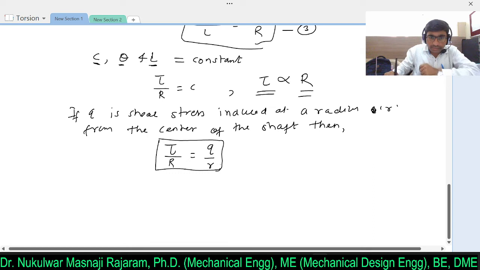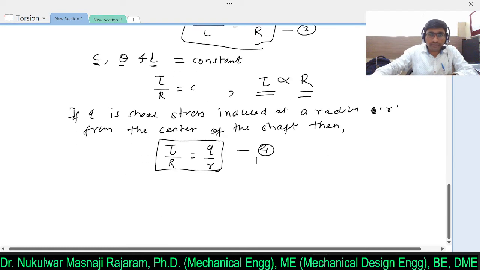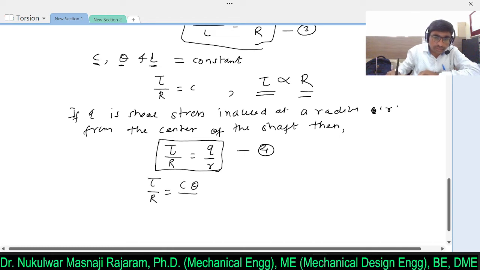Now this is the radius measured from center, and this is the shear stress induced in the shaft at radius of r. Clear? So if I consider this is equation number 4, then from equation number 3 and equation number 4 I can rewrite this equation, that is tau divided by R equal to C theta divided by L, that will be equal to q by r. Simple.